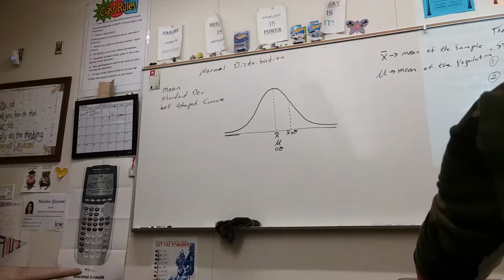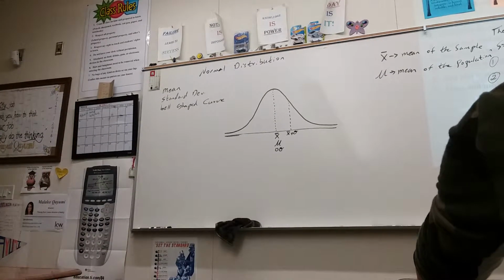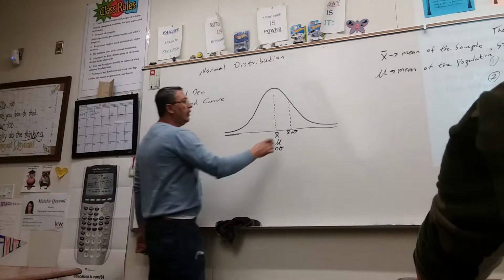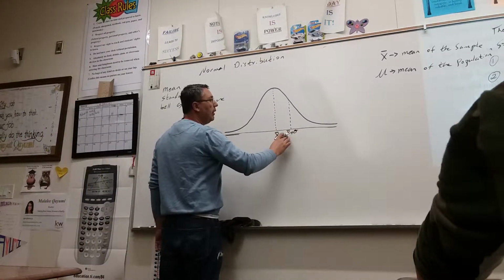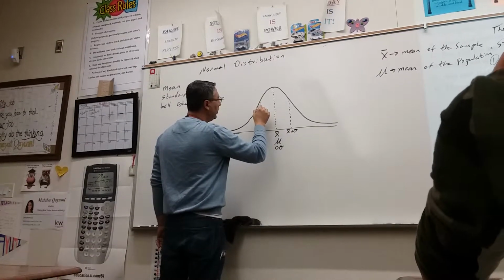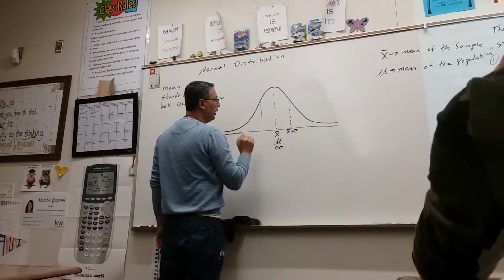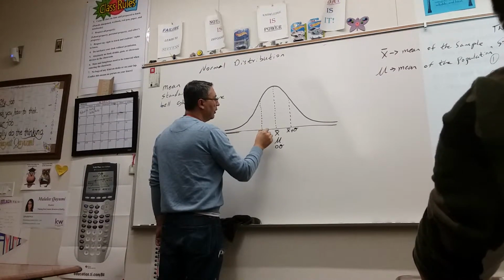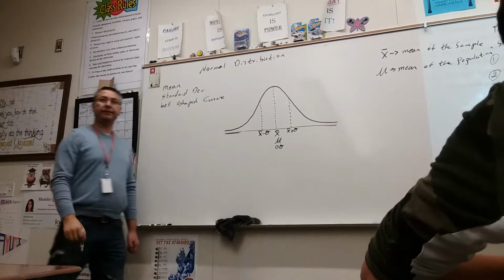And what does sigma represent? Your standard deviation. Now, if on this side you have your mean plus one standard deviation, what should it be on this side of your mean? Mean minus one standard deviation.